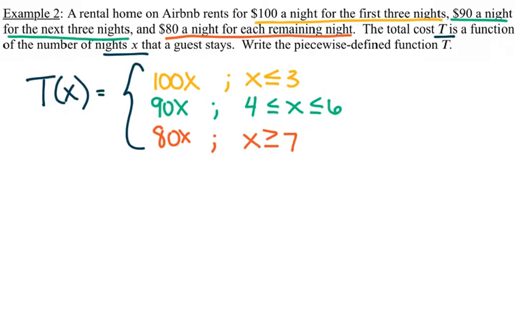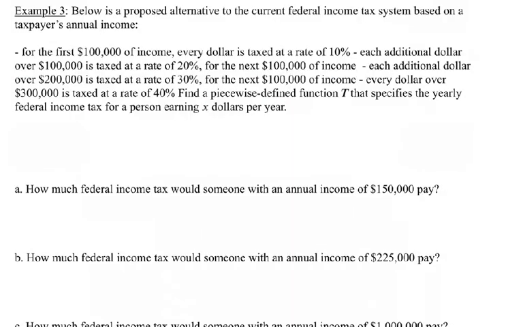So hopefully that makes sense how you do these. I think they're pretty easy. Let's look at this one. It's a little more challenging. So example 3. Below is a proposed alternative to the current federal income tax system based on a taxpayer's annual income. For the first $100,000, every dollar is taxed at 10%.